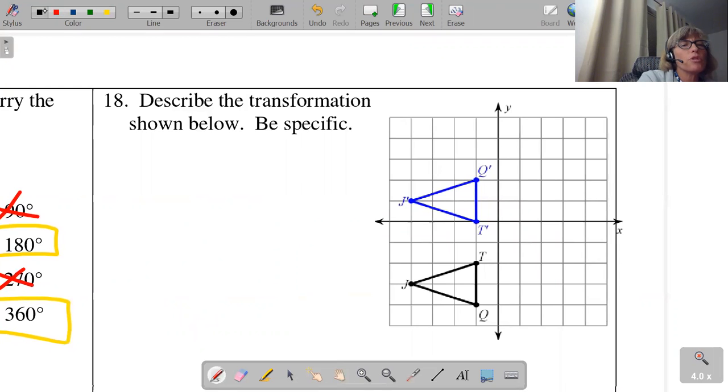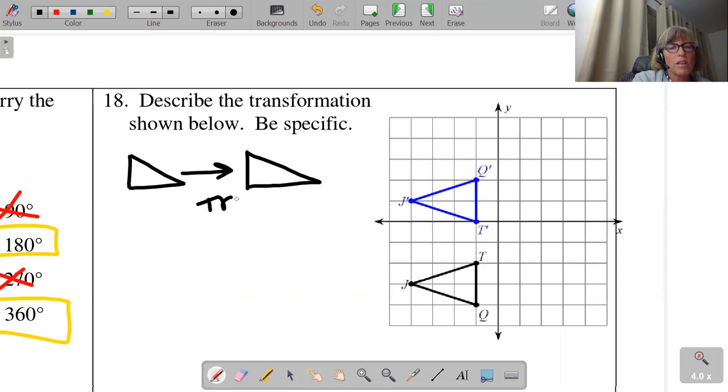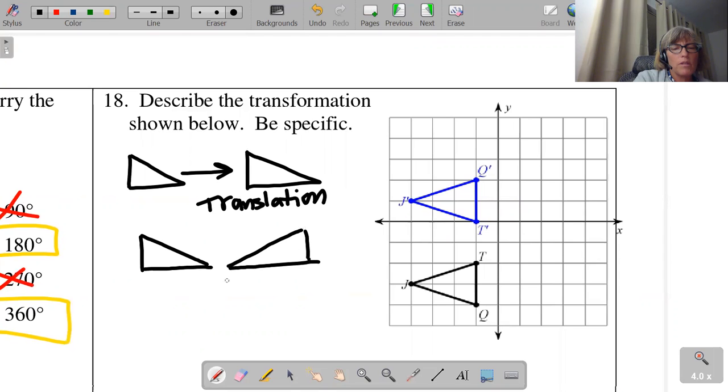Transformation. There's 3 main transformations, just as a crash course. If you take something and you slide it, that's called a translation. If you take something and you mirror it or flip it over, just imagine that as a mirror, that's called a reflection.